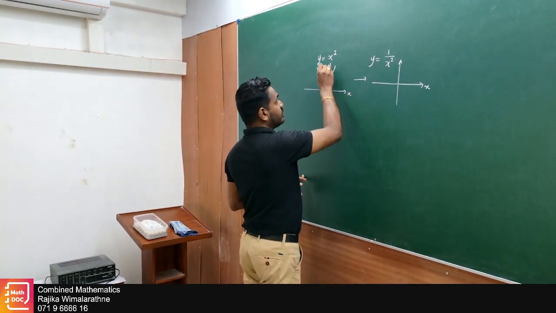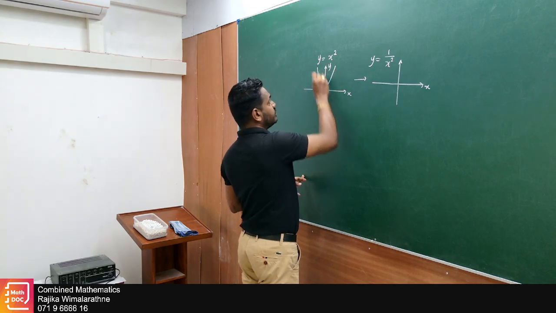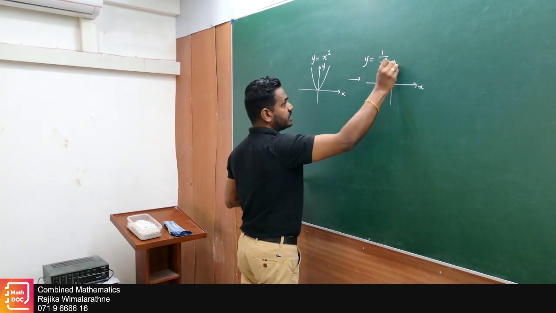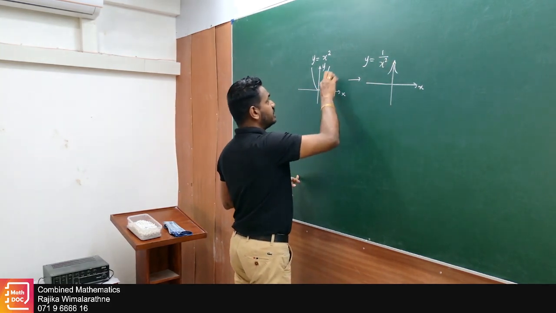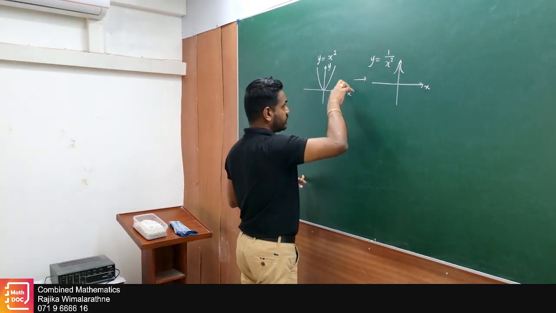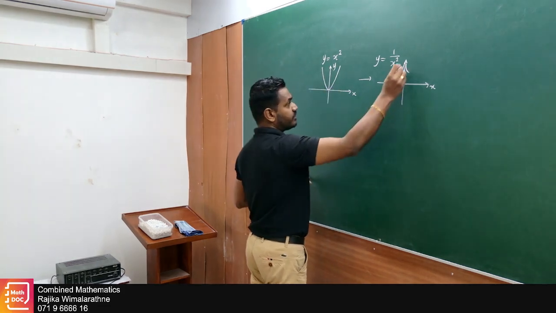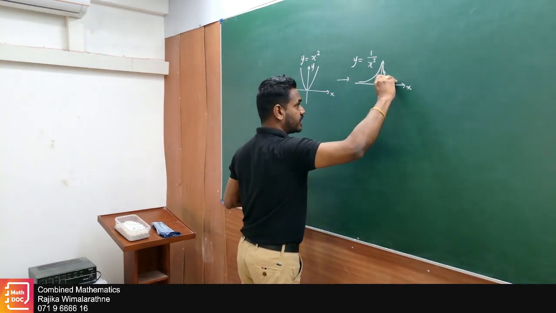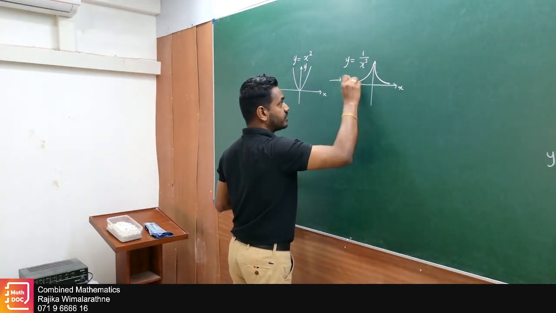Here 0 goes to infinity, all are positive. Reciprocal is positive. Infinity value goes to 0. Likewise, you can sketch the reciprocal of that quadratic function.